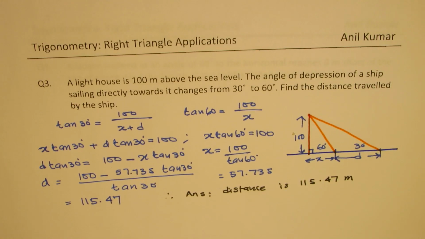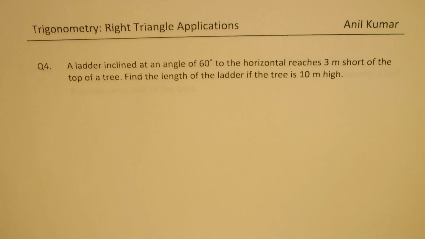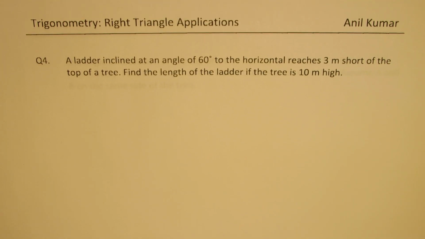So I hope the steps are absolutely clear. Question number 4. A ladder inclined at an angle of 60 degrees to the horizontal reaches 6 meters short of top of a tree. Find the length of the ladder if the tree is 10 meters high. Okay.